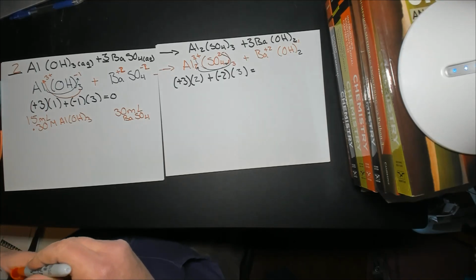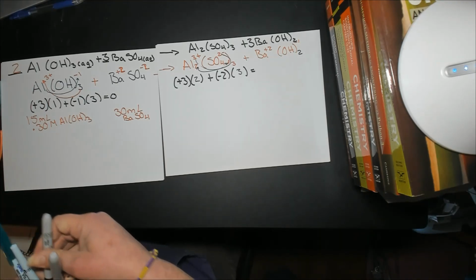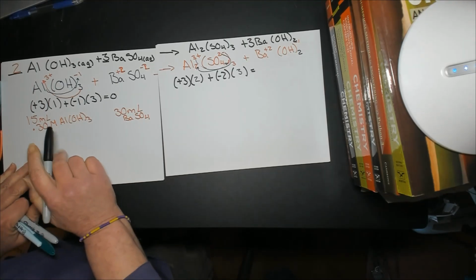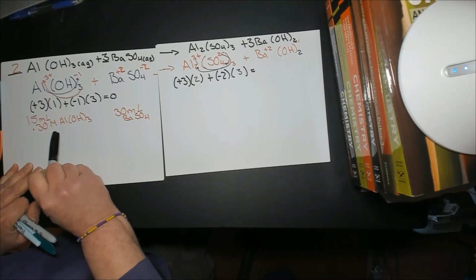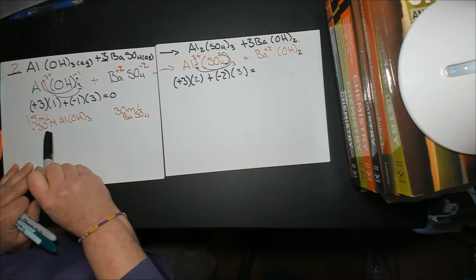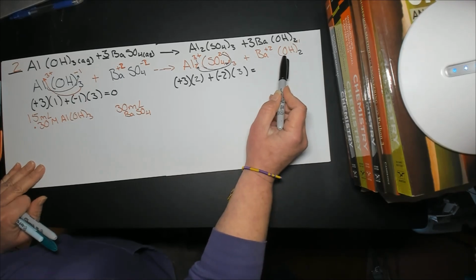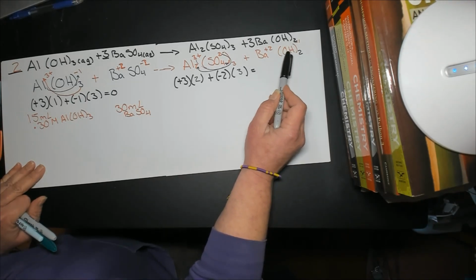So one of the things that I can do, if I'm saying that all of this is reacted, is figure out how many moles of this I have. And one of the things I'd like to do here, just by way of example, is relate this to my barium hydroxide. So one of the questions I could have is, what is the molarity of my barium hydroxide in the end?